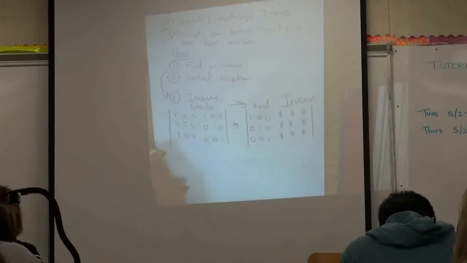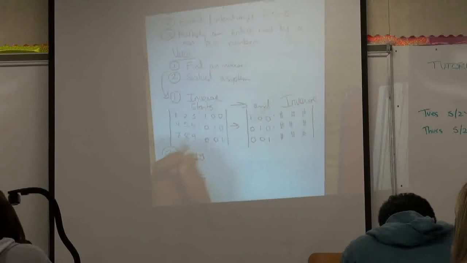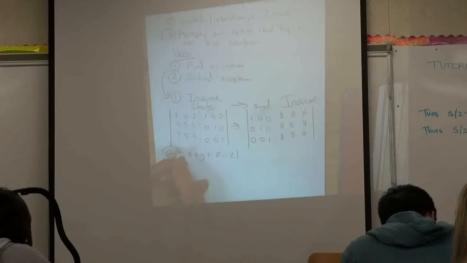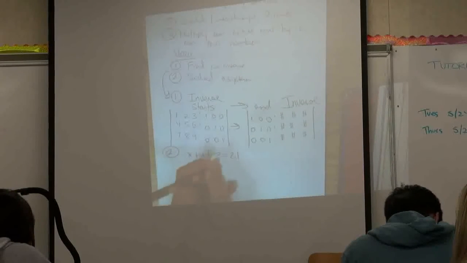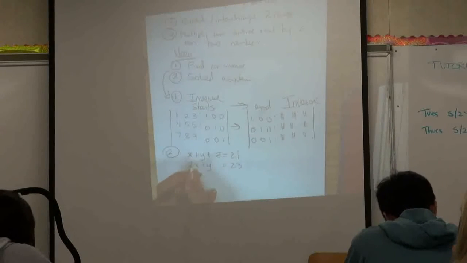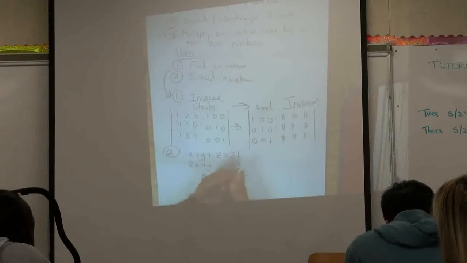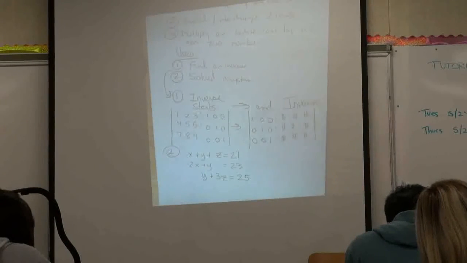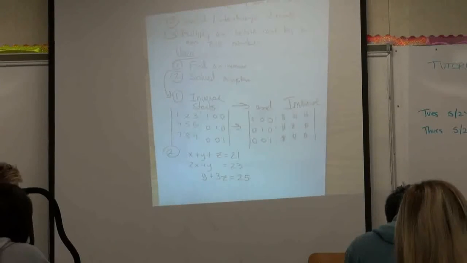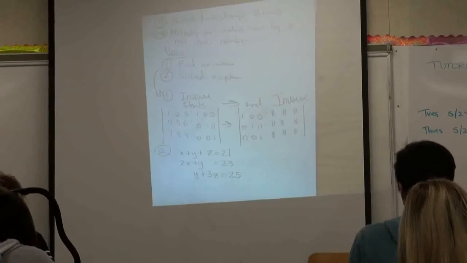What if you had a system such as x plus y plus z equals 21, 2x plus y equals 23, and y plus 3z equals 25. How did row operations work on this, Jake?